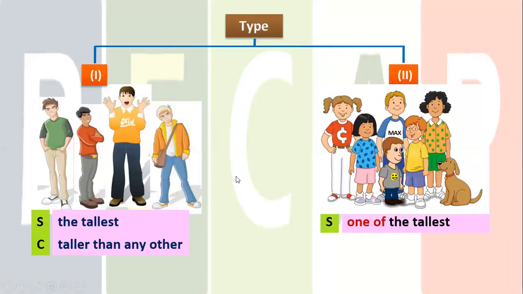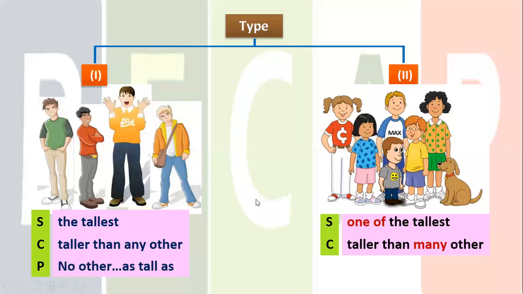Person A is taller than any other. That means there is once again no competition for the person. No matter whichever person you bring in front of him, he is going to fall short. On the other hand, if I say person A is taller than many other, that means there is a slight competition for him.